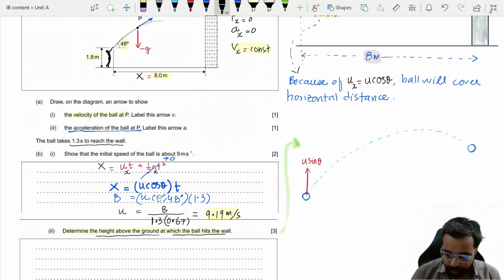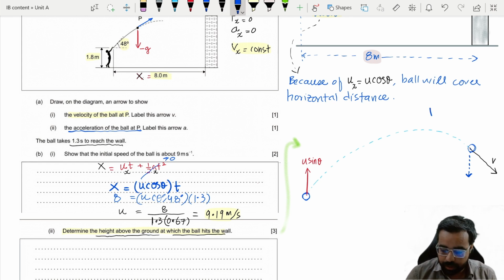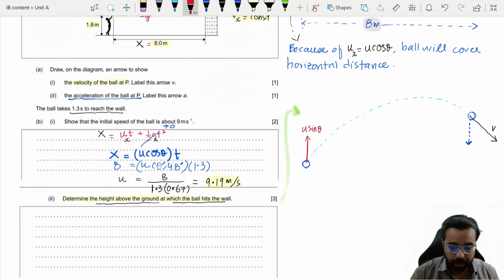I'll explain again. When the ball reaches this building, we don't know the final velocity, we don't know its vertical component of velocity. So we should avoid the three equations which have the final velocity factor. You understand? So only one equation is left. That is logical reasoning. The equation that is left is s equals ut plus 1 over 2 at squared.